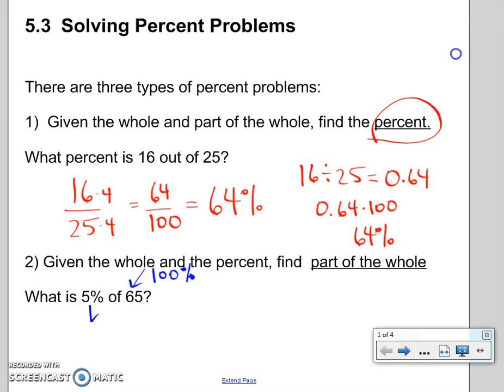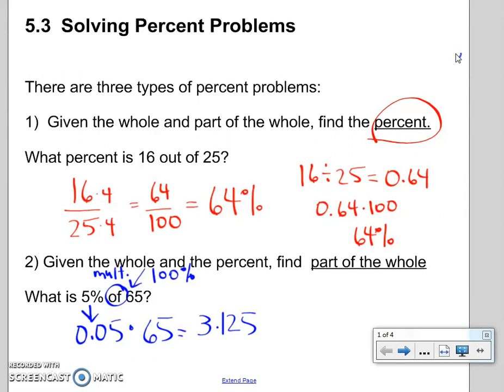So we know that we've learned that you turn this into a decimal. Of means multiply. And so we're going to multiply that by 65. And you're going to get an answer of 3.125. And that makes sense because that's a pretty small number. 5% is a small amount of 65.